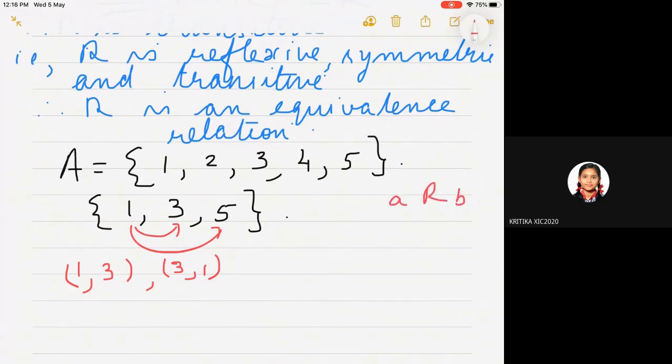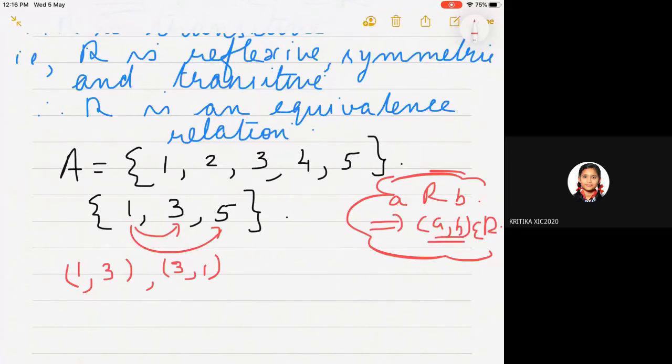A related to B means the ordered pair (A, B) is an element of R. So this concept we are using here: A is related to B, or B is related to A, means the ordered pair (A, B) is an element of R, then we say that A is related to B. If (B, A) is an element of R, then we say that B is related to A.